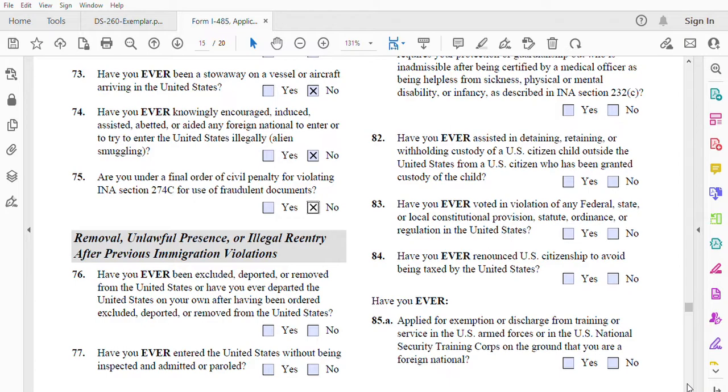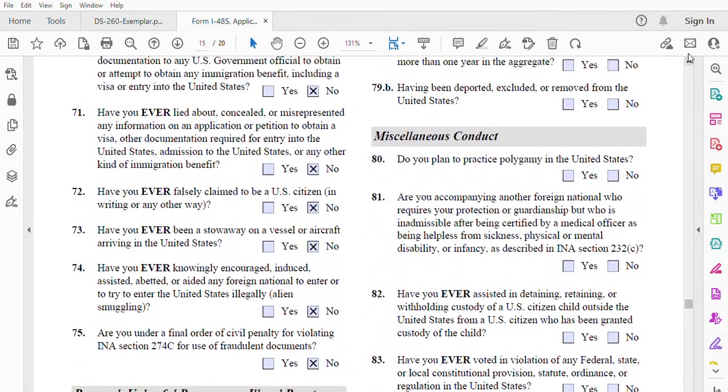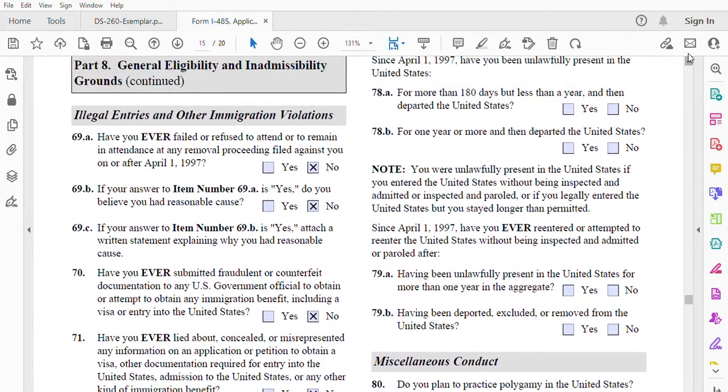Removal, unlawful presence, or illegal re-entry after a previous immigration violation. Please read them carefully, as I said, and answer the ones that apply to you. This is a yes or no question, but you have to read them very carefully. Don't try to lie. Please don't lie.